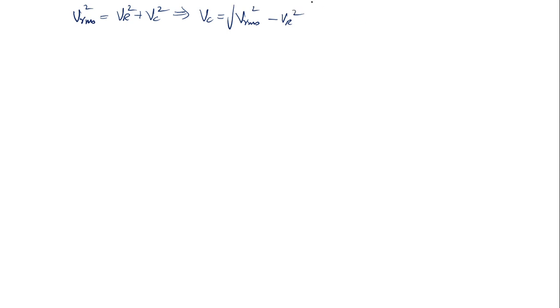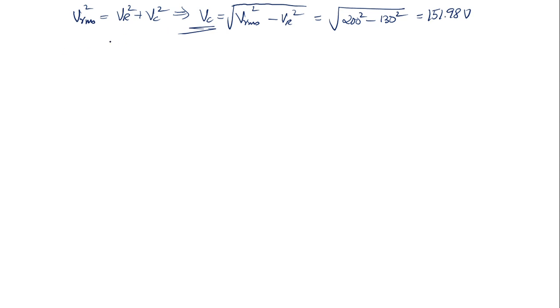Substituting, you get the root of 200 square minus 130 square, and on solving you will get the value of VC as 151.98 volt. Once you find out the value of VC, you can find out the value of XC.